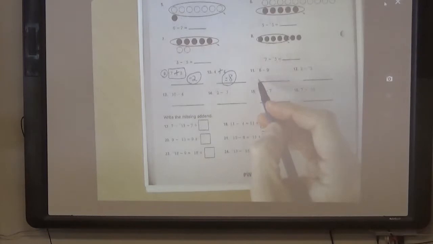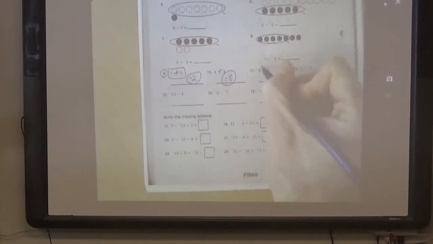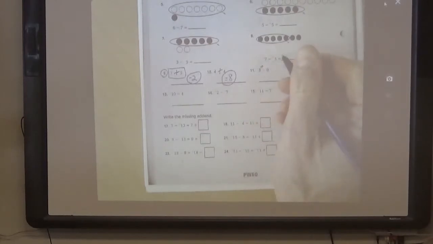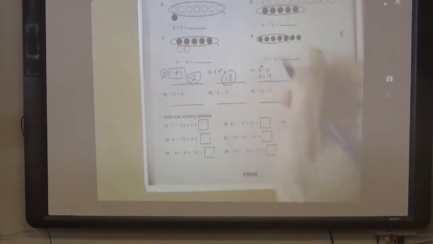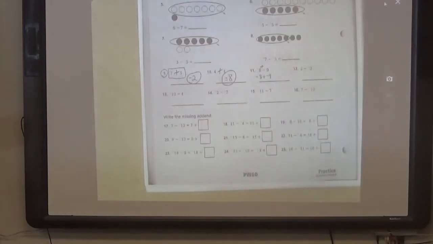Do we have 2 minus signs in a row? No. So in this case, you just insert the plus sign. So this becomes negative 8 plus negative 9. You put a plus sign in front of the minus sign.